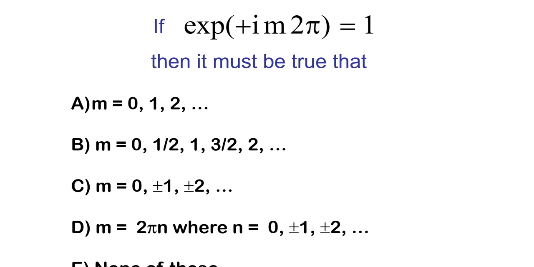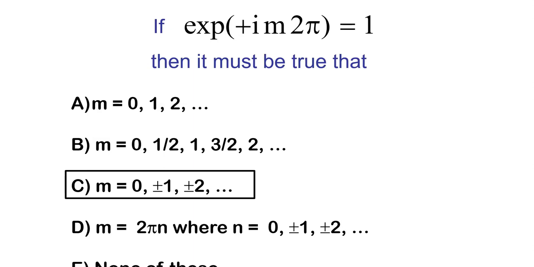All right, hopefully you got here that m is then going to be quantized to be 0, plus or minus 1, plus or minus 2, and so on and so forth. And so if I've got e to the i m 2 pi, and I want that to equal 1, well, one thing you can do with complex exponentials is write it out into sines and cosines.